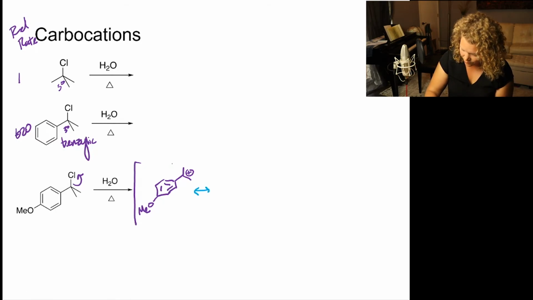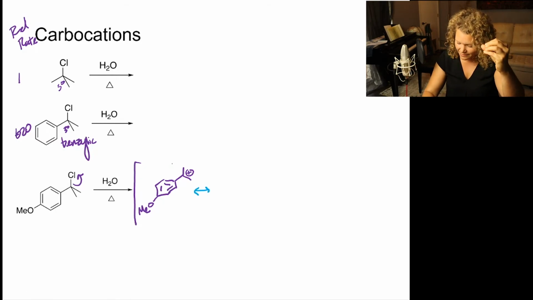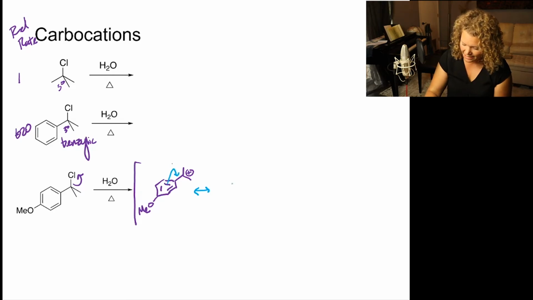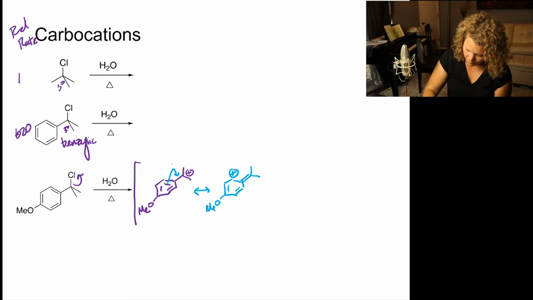In this case, we have this positive charge on our benzylic position. That means that we can push the electrons outside of the ring. Again, we can push this over here.